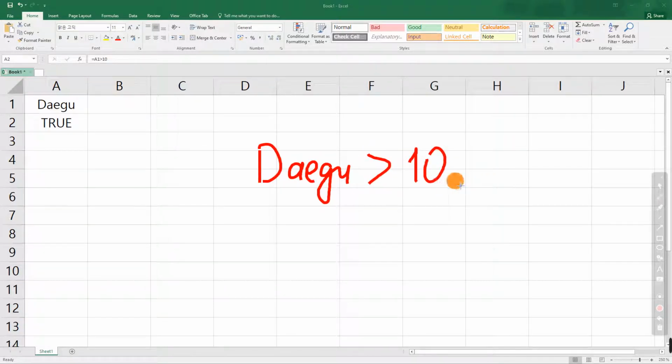Text is larger than 10. So how do we compare text with 10? It's kind of a very strange comparison, right? You cannot compare an apple with a number, right? You cannot compare a building with an apple. It has no meaning. So this has no meaning.